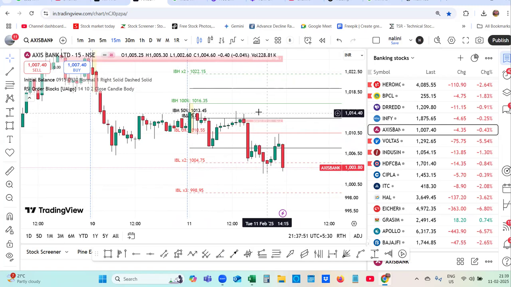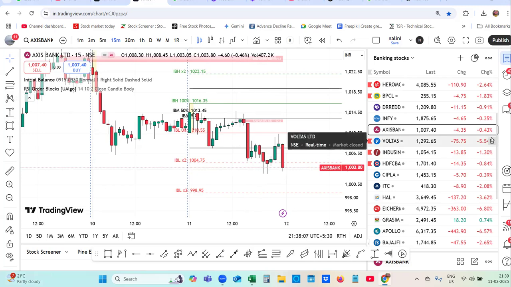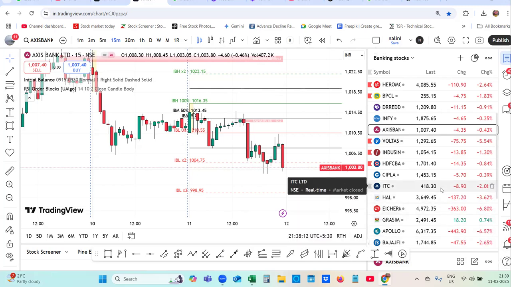There it plotted a sell order block, which acts as guidance for you not to go long, and you could have taken a sell trade from here. This is a very simple strategy. It can be very helpful and profitable.